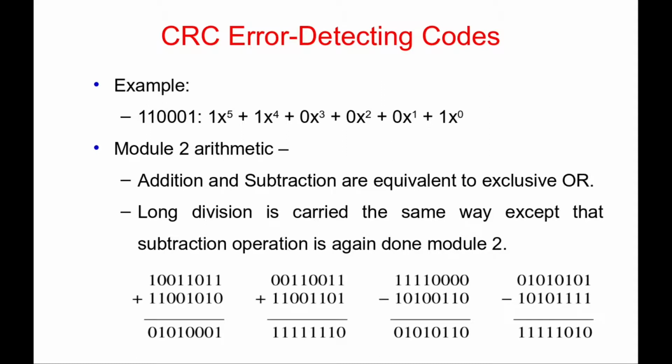Here the division, or long division, is also carried out in the same fashion, except that the subtraction operation is again done modulo 2. The division will be the normal division as we do normally. But in the division, the subtraction part is once again done in the previous fashion, that will be only an XOR operation. So let us see this in some examples.